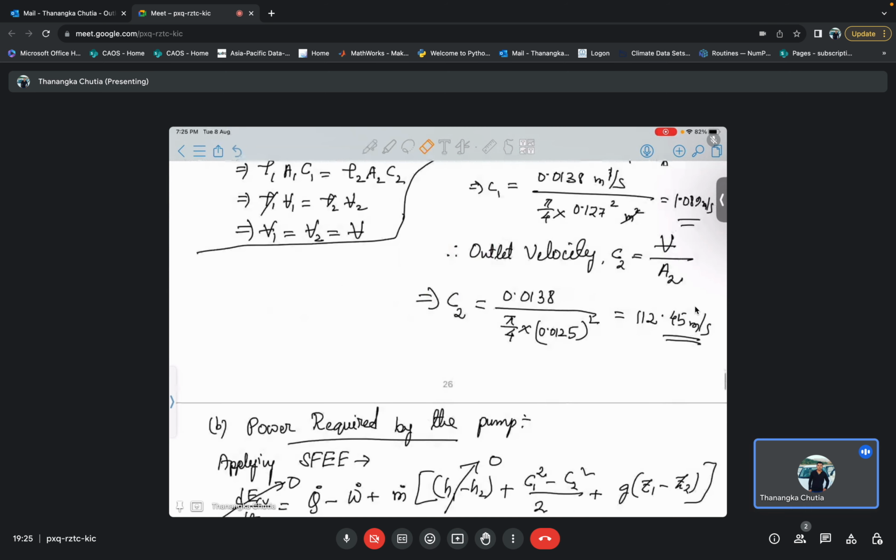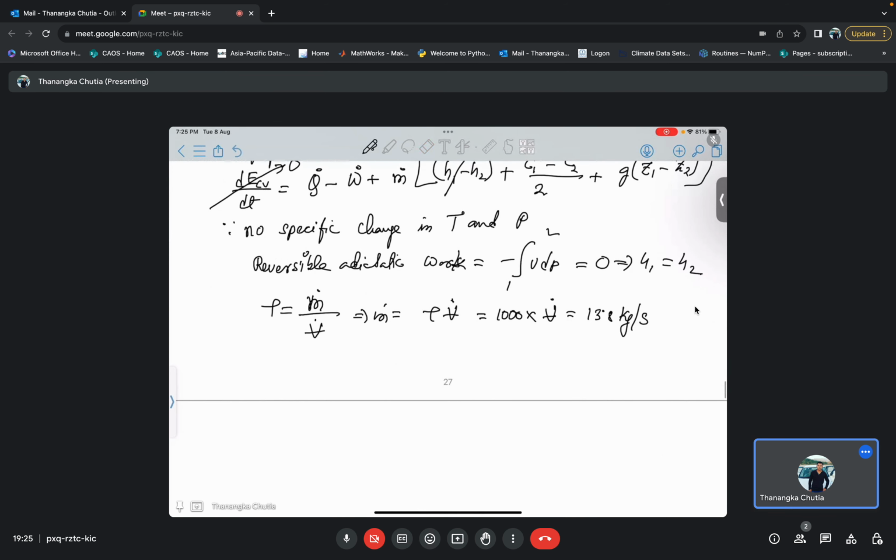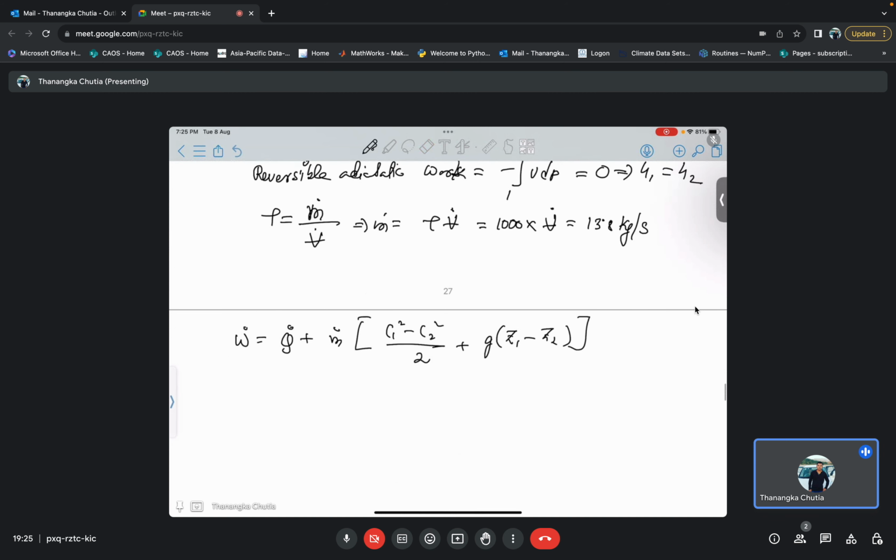Okay, so putting all these values, and is there any heat loss given? Yes, one more thing it is telling us. Now let us write the steady flow energy equation once again. So that will be W dot is equal to Q dot plus M dot times (C1 squared minus C2 squared)/2 plus g times (Z1 minus Z2). Now one more thing it is telling us is that Q dot is equal to 5% of W dot, that means it is 0.05 of W dot.